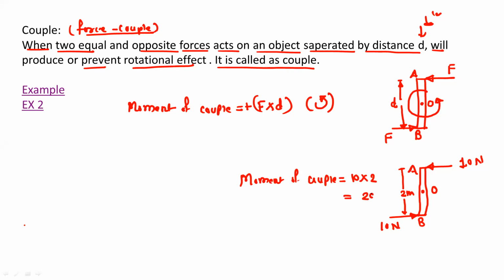So this is 20 Newton meter. The sense of rotation is anti-clockwise about the point O, so it is positive. I hope this concept is clear. What is the meaning of couple? You can see the examples or applications for the couple.